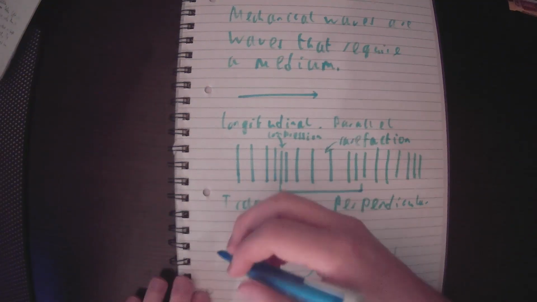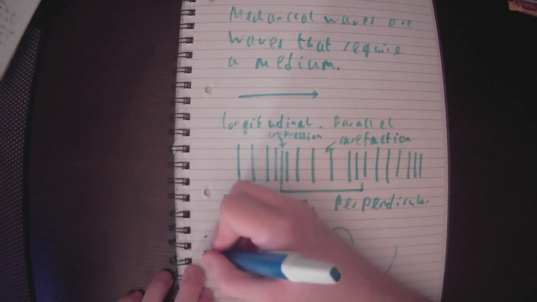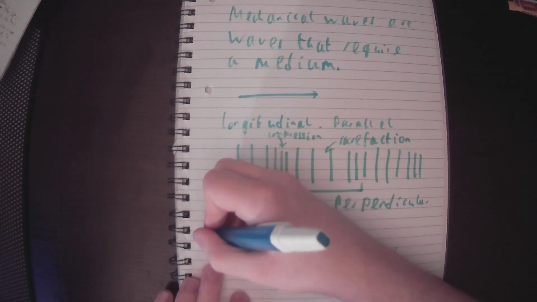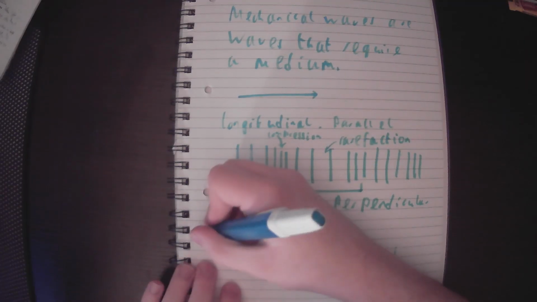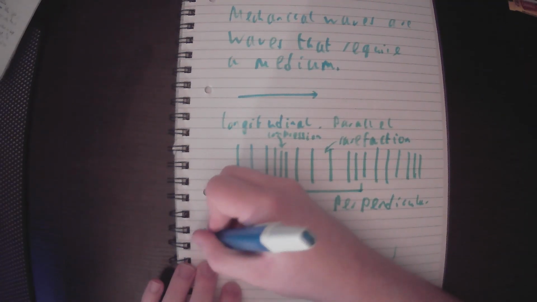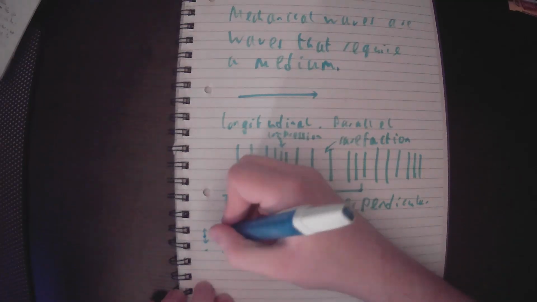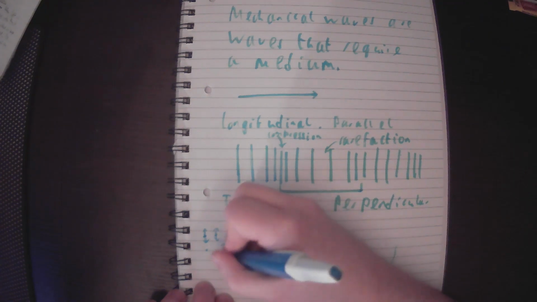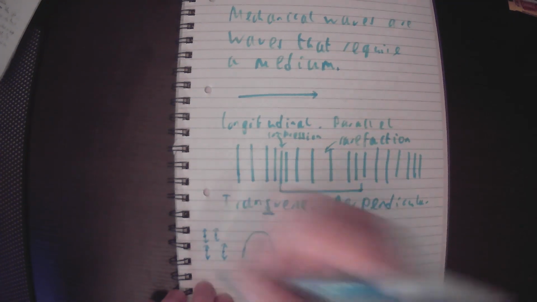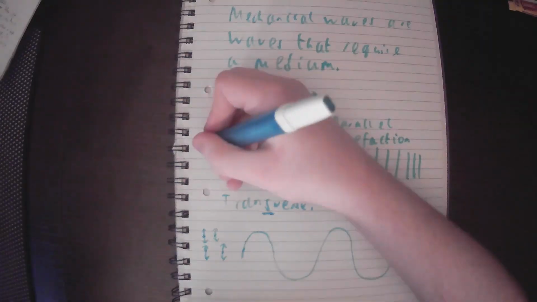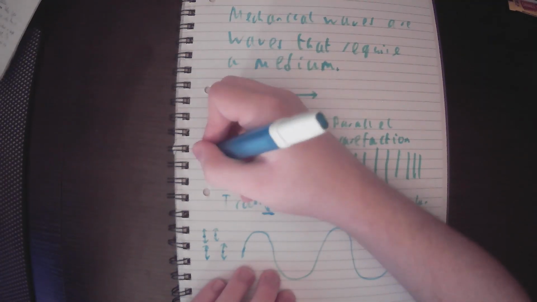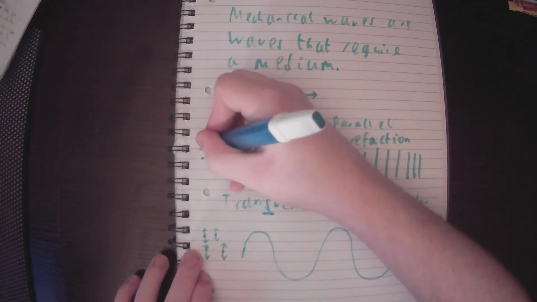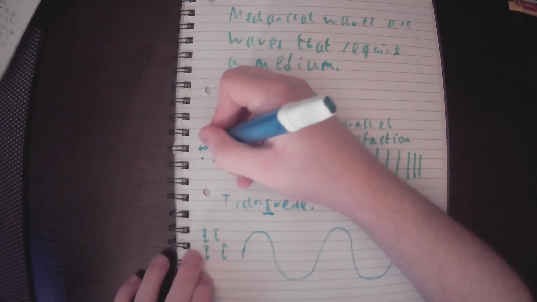So if I was to display a transverse wave in terms of particles, let's just say those are air molecules, just whatever molecule in the air, they're going to vibrate up and down. All of them will vibrate up and down as the energy propagates through the medium. If we represent a longitudinal wave with air molecules, then they will oscillate side to side.